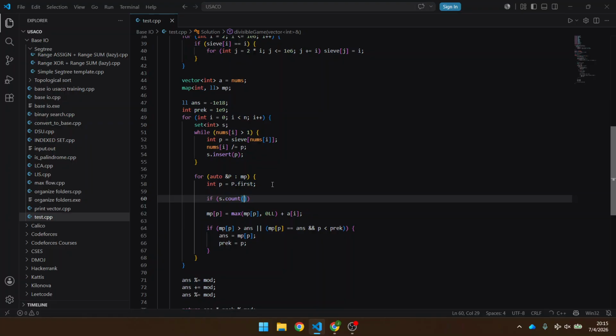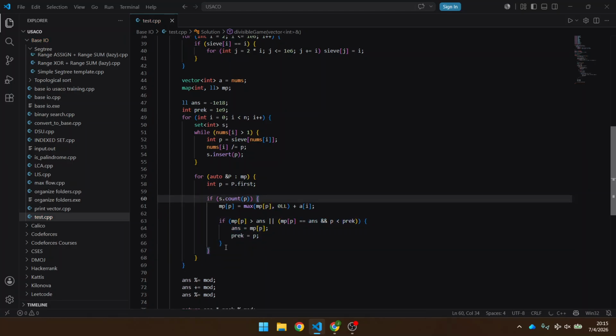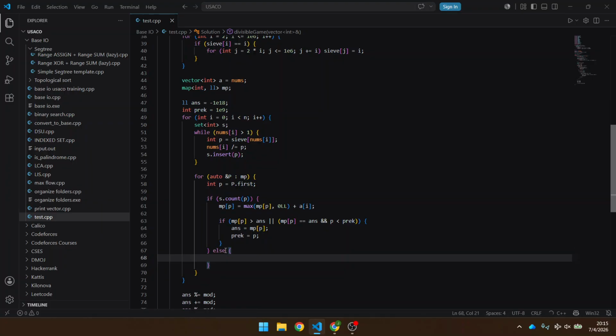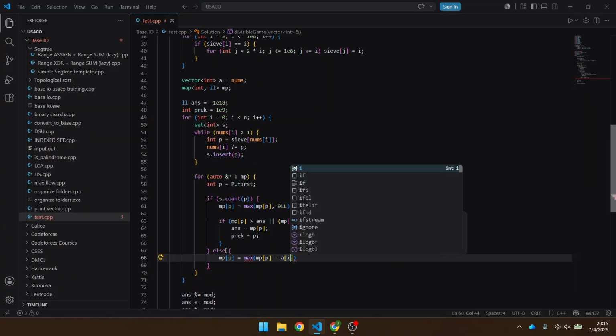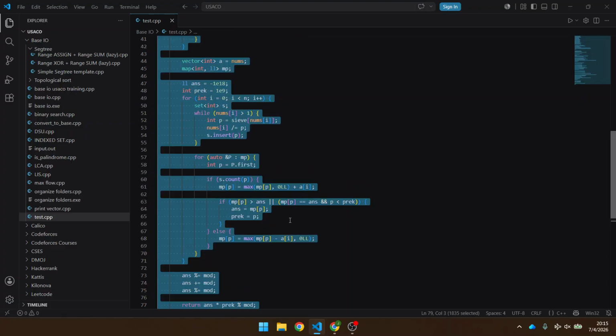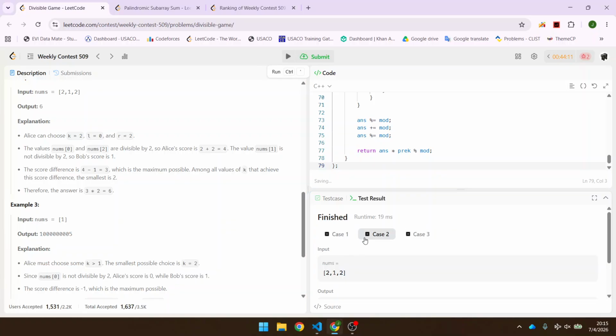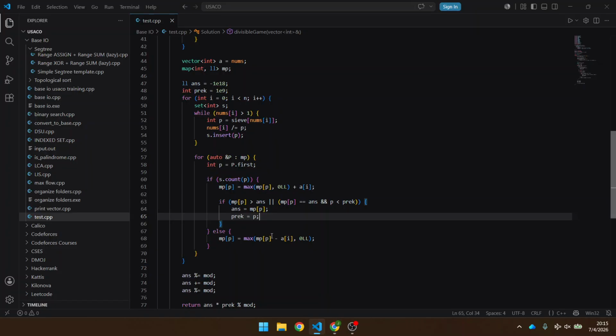S dot count P, S, MPP equals max MPP minus AI, 0 log log, yeah, 343.